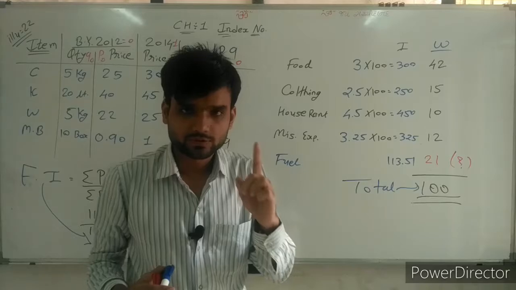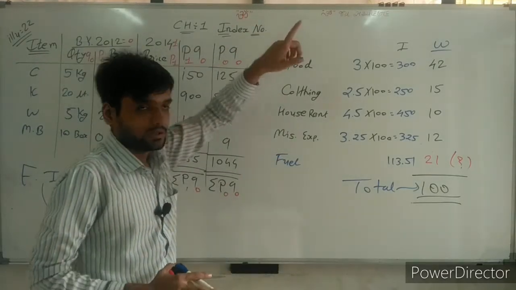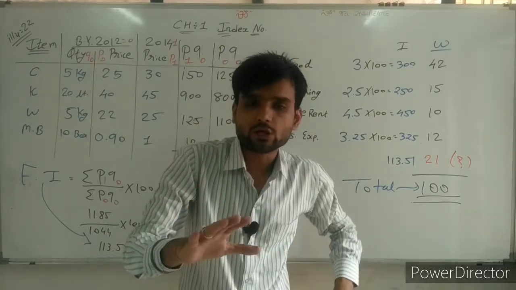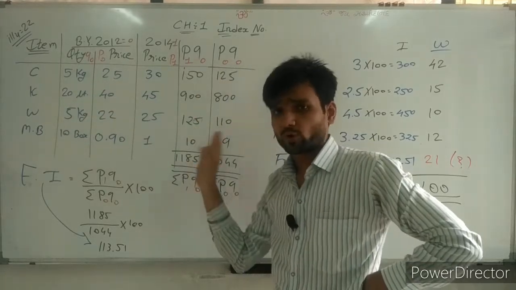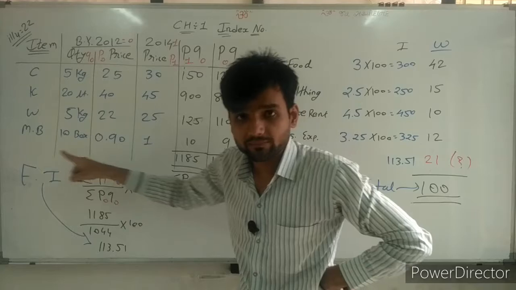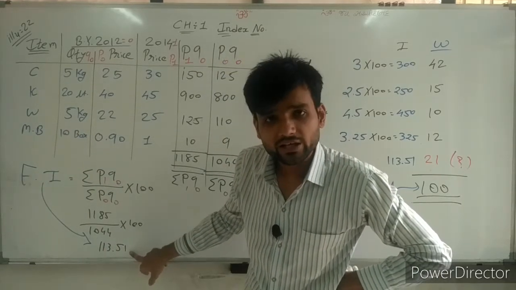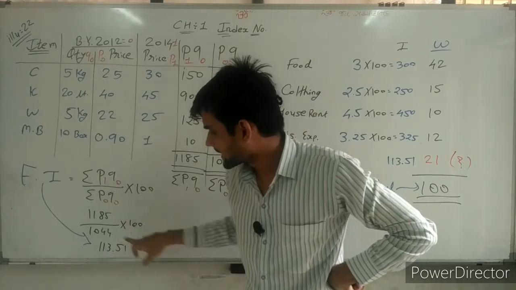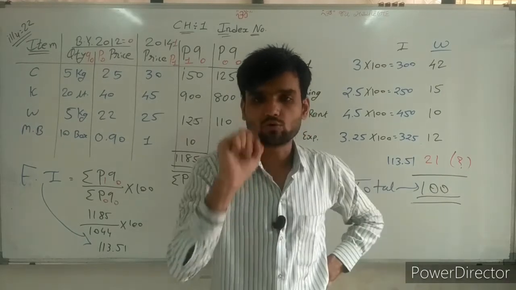Now again, try to understand one thing. What is the question actually? In the question, fuel items and their related information are given. On the basis of the fuel items and their information, I have to find the index number of the fuel item. So fuel index number is already found here.